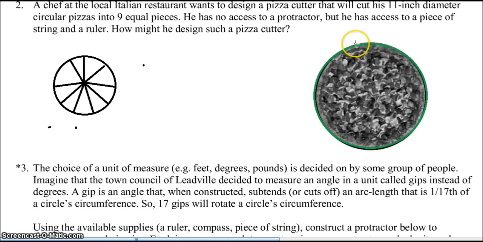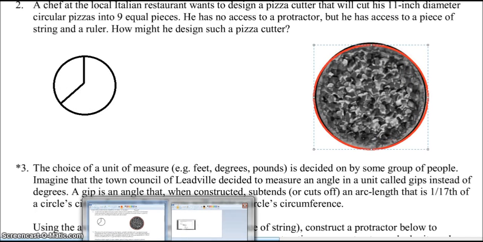Now all he has is a string and a ruler, so imagine that he took his string and just wrapped it around the pizza, maybe around his cutter like so. Just imagine I'm unwinding my string around this pizza. Essentially, we just take our string and wrap it around the whole pizza.